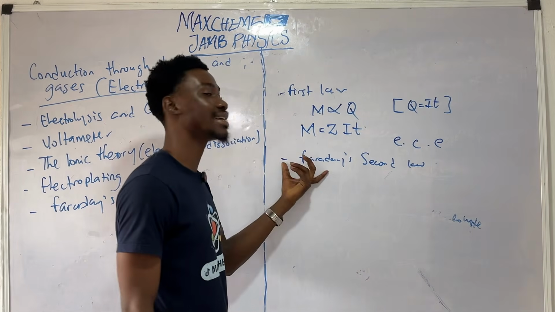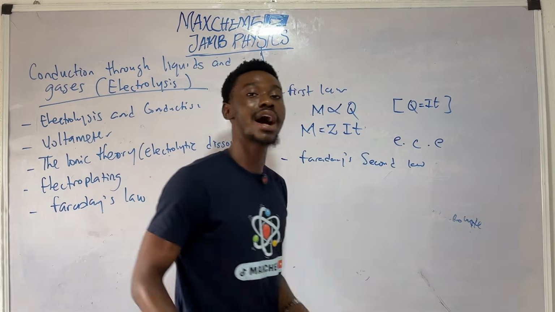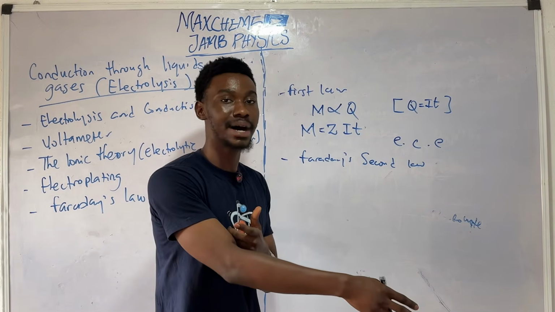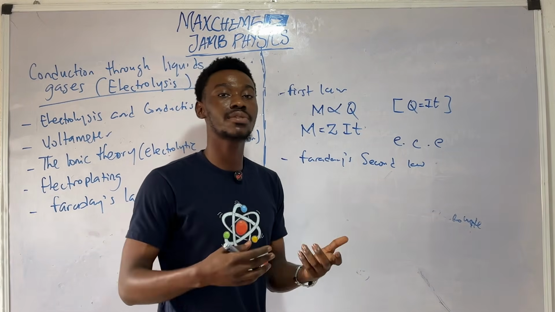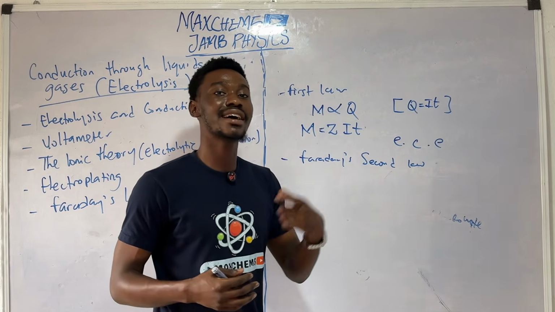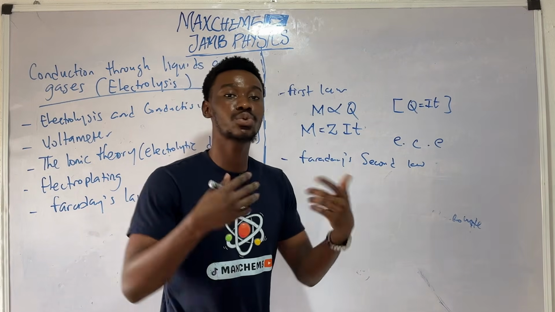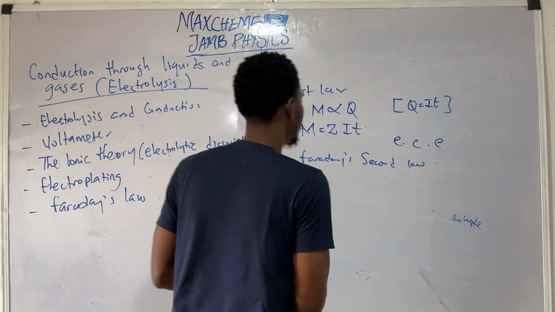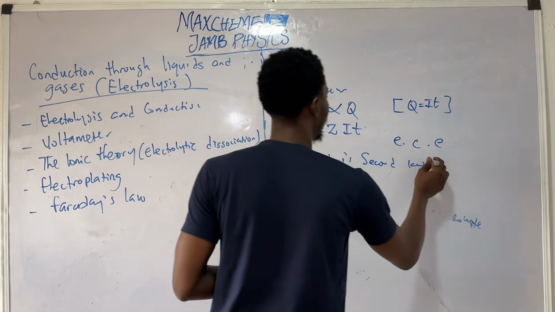So for when you have two different masses but the same quantity of electricity flowing through them, the masses liberated are directly proportional to their equivalent weights or their equivalent masses. So that is Faraday's second law.